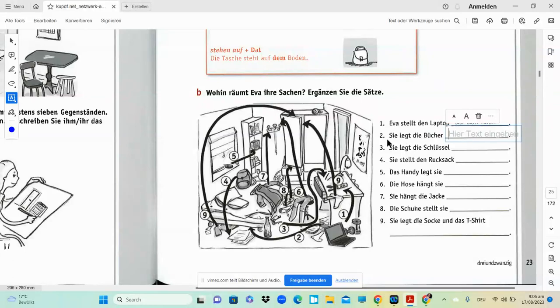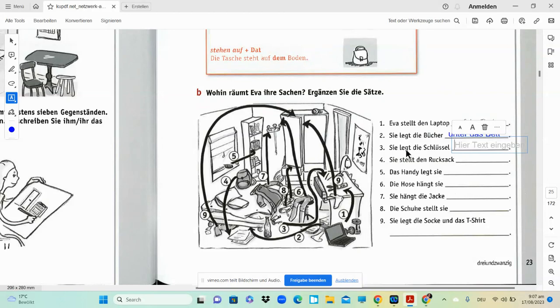Okay, accordingly. So sie legt die Bücher. So just look for number 2, where you can see the book. She is going to move it from here under the bed. Okay, so under the bed you will say unter das Bett. That's all. Because it is accusative, you don't have to worry much, you just have to take care about the masculine things. Rest of them remains the same.